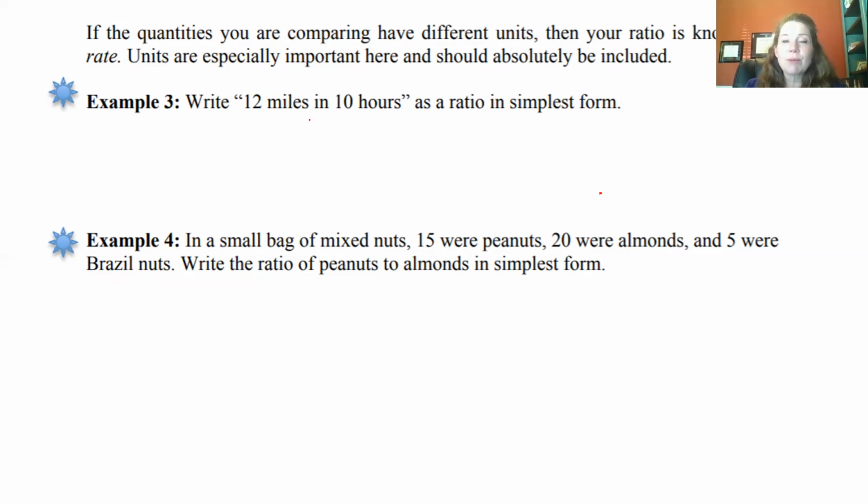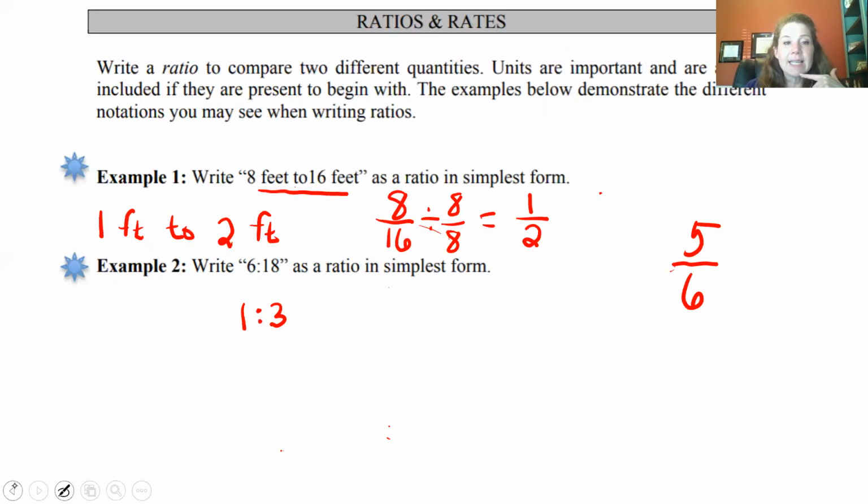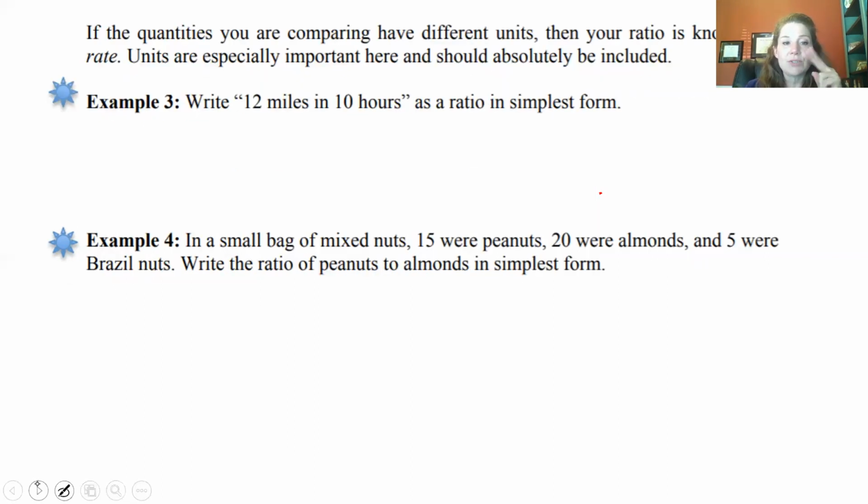In the first example, we were given our units, which were feet. Since we're using the same unit, this is a ratio. However, in these examples, we have 2 different units or 2 different things. When you have 2 different types of units, you have a rate, not a ratio.